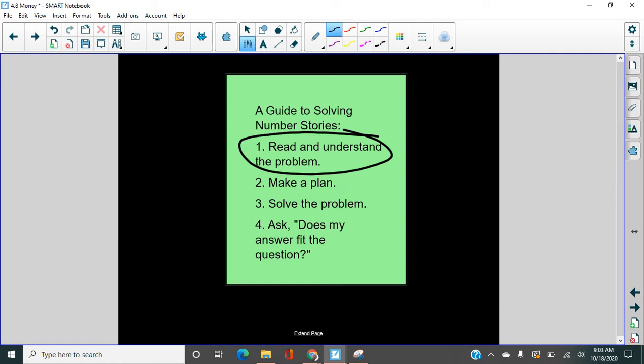You can no longer in fourth grade just start choosing random numbers and looking for keywords, right? You have to be able to understand the entire problem and what's happening. Then we make a plan and solve. And at the end, we have to look back. We don't just say, yes, my answer makes sense, right? We have to see if our answer fits the question that's being asked.